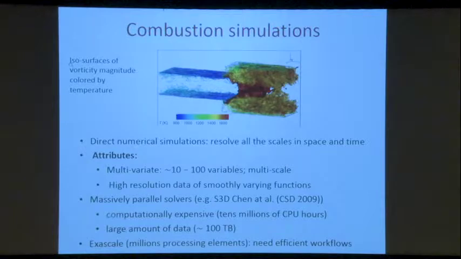And I think someone had just come up and asked me how expensive these DNS calculations are. In terms of CPU hours, they consume about tens of millions of CPU hours per run. And just trying to get a ballpark idea, some of these computer centers have hardware costing upwards of $100 million, and are transitioned every 3 to 4 years, with associated operating costs for power, cooling, and staff.